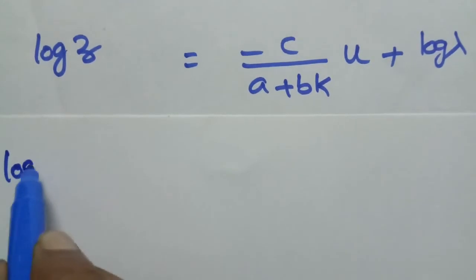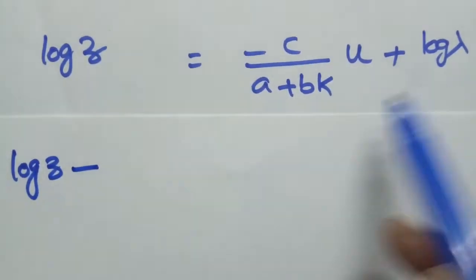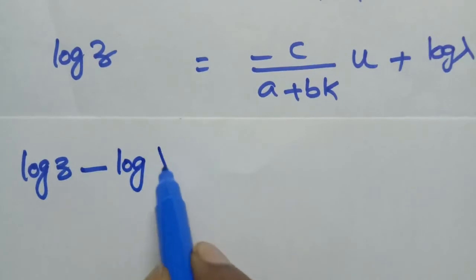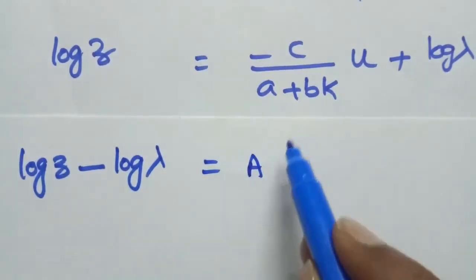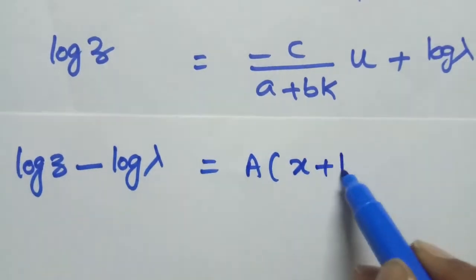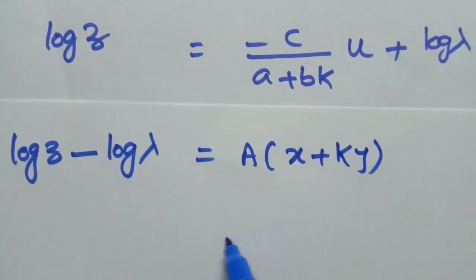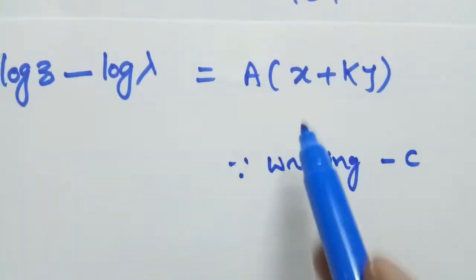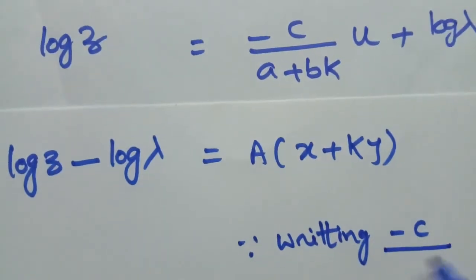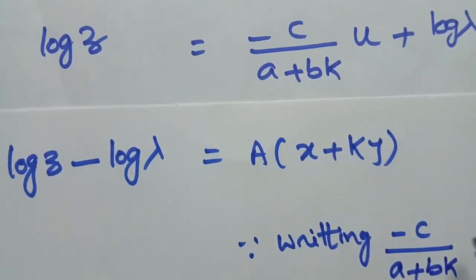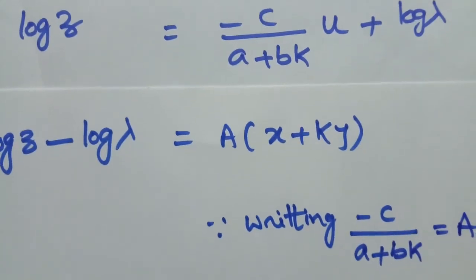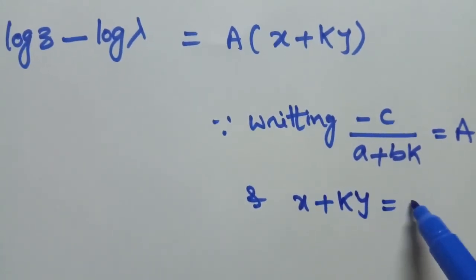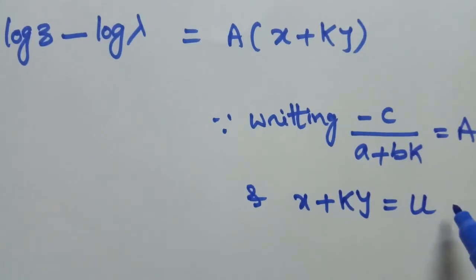Therefore log z minus log lambda is equal to a into (x plus ky), since minus c by (a plus bk) is equal to a and x plus ky is equal to u as in equation number 3.